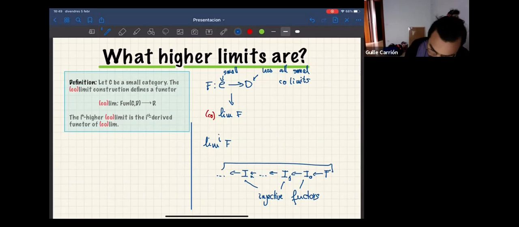And then the higher limit of F is just the cohomology of taking the limit of every functor.